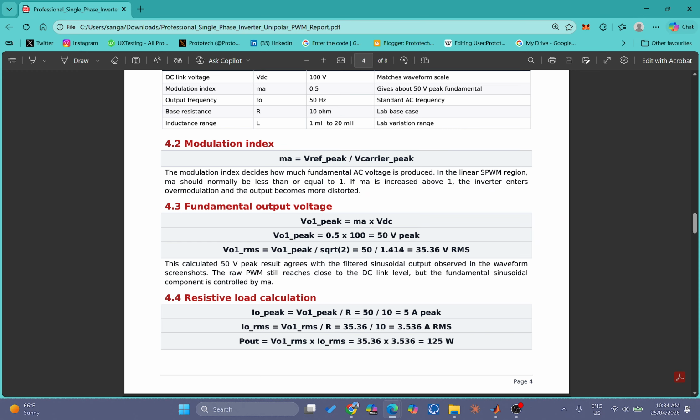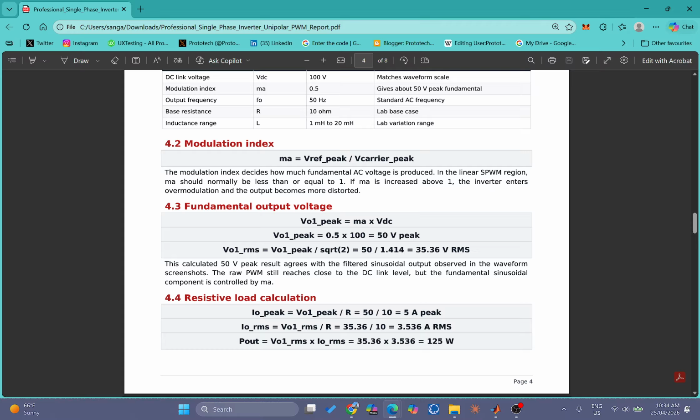Then for the modulation index, how do we calculate? Modulation index is V reference divided by V peak area.